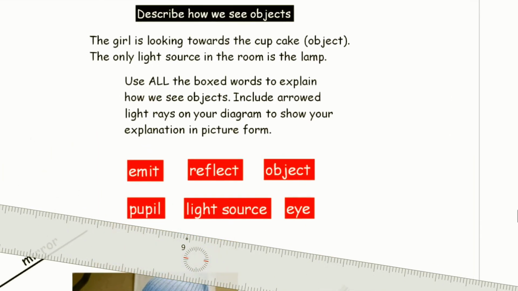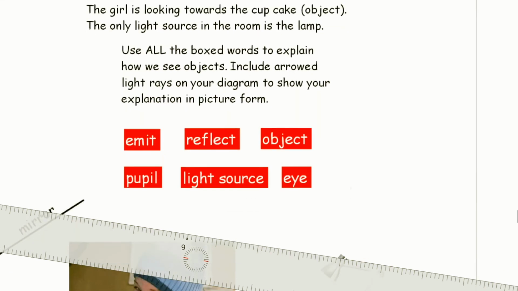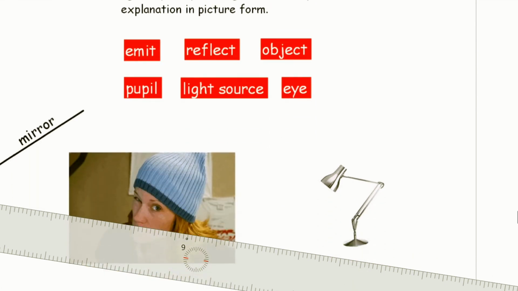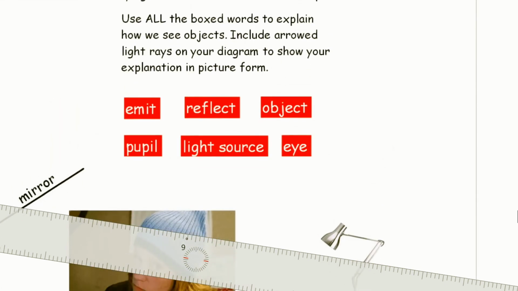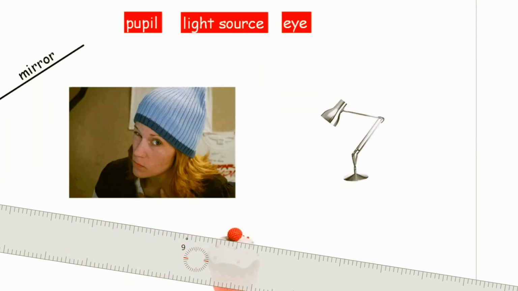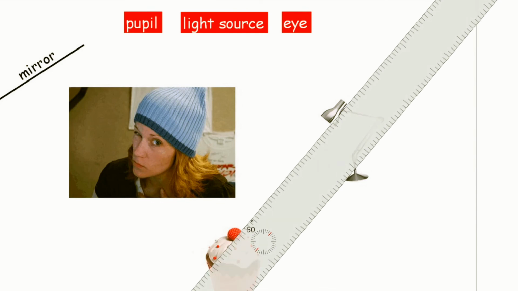The girl is looking towards a cupcake. The only light source in the room is a lamp. Use all the box words to explain how we see objects. Include arrowed light rays in your diagram to show your explanation in picture form. Okay, you need to draw 2 rays of light because the light is reflecting off.